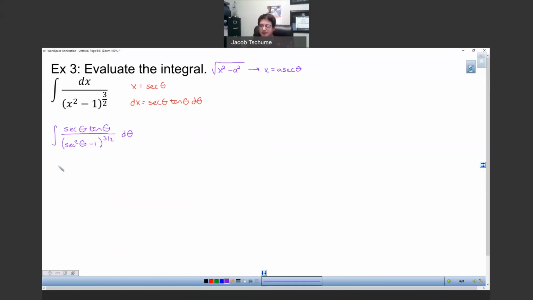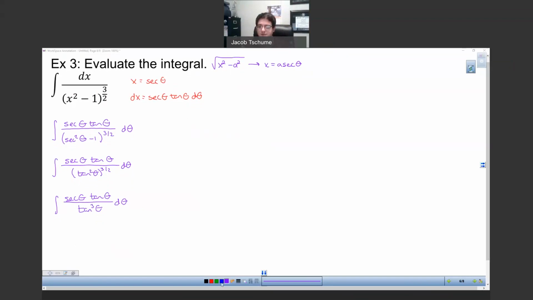That is a direct identity that we covered earlier. So on the bottom of your fraction, we can substitute in that secant squared theta minus 1 is going to be tangent squared theta raised to the 3/2 power. And when you raise a square to the 3/2, the 2's will cancel, and this will leave you just with secant theta, tangent theta, over tangent cubed theta, d theta.